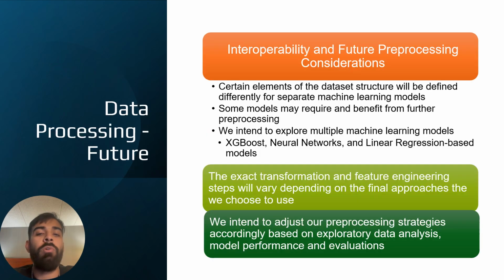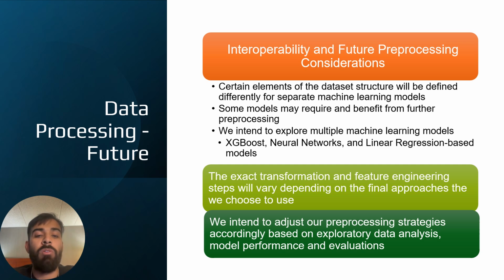And then when it comes to interpretability or future pre-processing considerations, certain elements of the data set structure will be defined differently for separate machine learning models, so we intend to group some positions differently. For example, offensive players are scored differently than kickers, and defensive players will have different models for different positions.